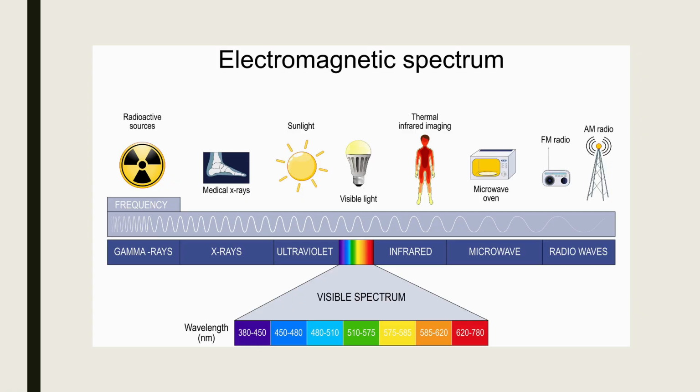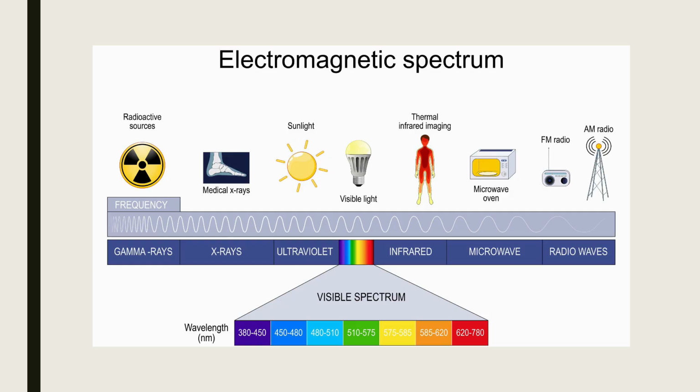Before we get into the actual process of photosynthesis, it's important to know something about the nature of sunlight, since sunlight is one of the major inputs of this process. The electromagnetic spectrum, as we can see here, is an array of wavelength frequencies.